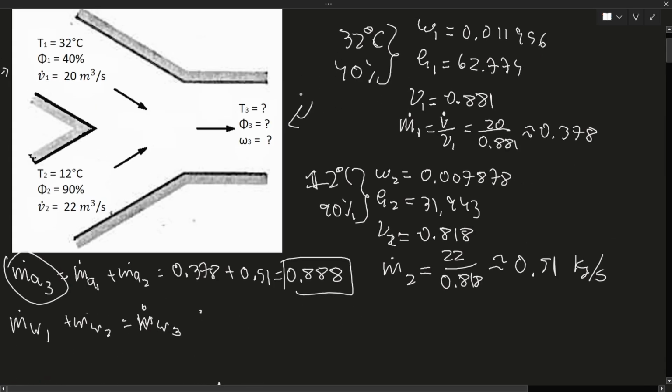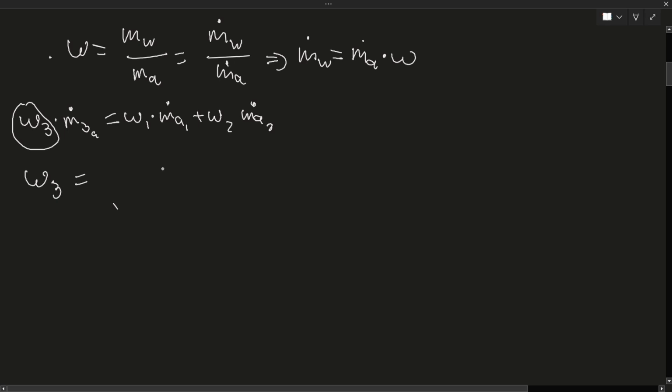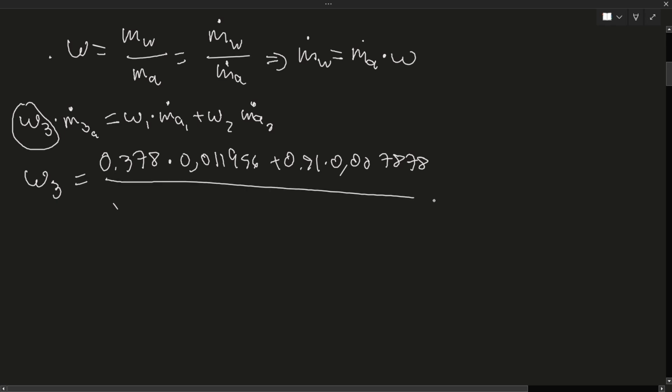But you have all the information over here from the psychrometric chart. 0.378 times 0.011956 plus 0.51 times 0.007878 divided by 0.888, giving us omega 3 to be equal to 0.0096 kilograms of water per kilograms of air.